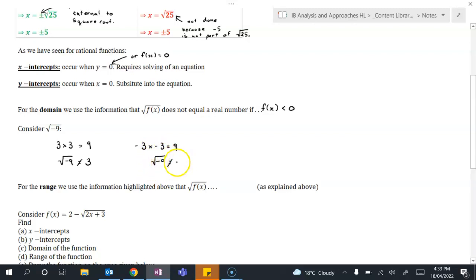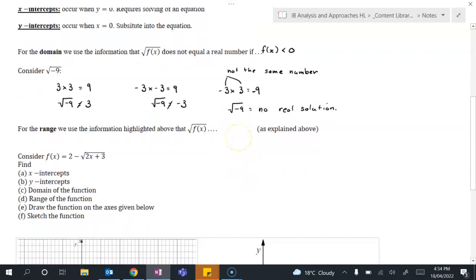So the square root of negative 9 is not equal to negative 3. Now negative 3 times positive 3 equals negative 9, but now these are not the same number. So we're not multiplying the same number by itself. And so the square root of negative 9 equals no real solution.